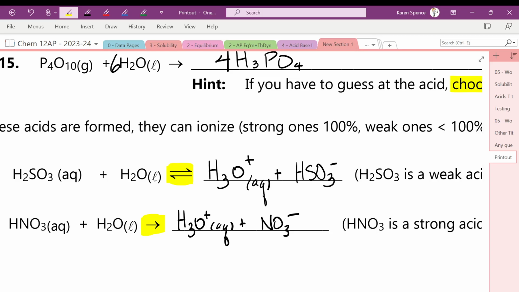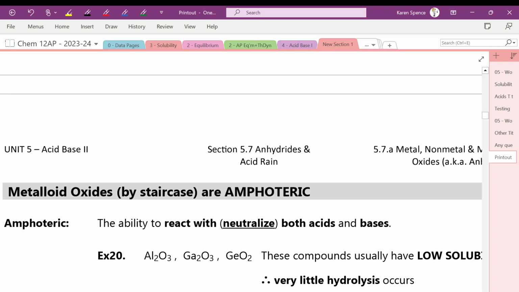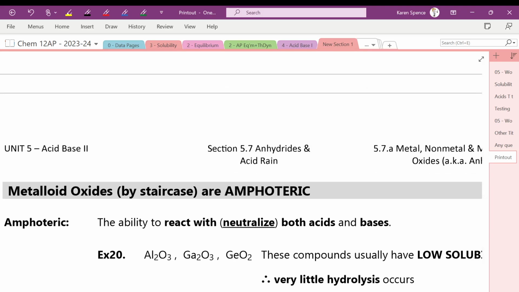Okay. Metalloid oxides, oxides beside the staircase. Now, to be fair, when I looked up lists of these things called amphoteric oxides, I found lists of a whole bunch of things that were not near the staircase.